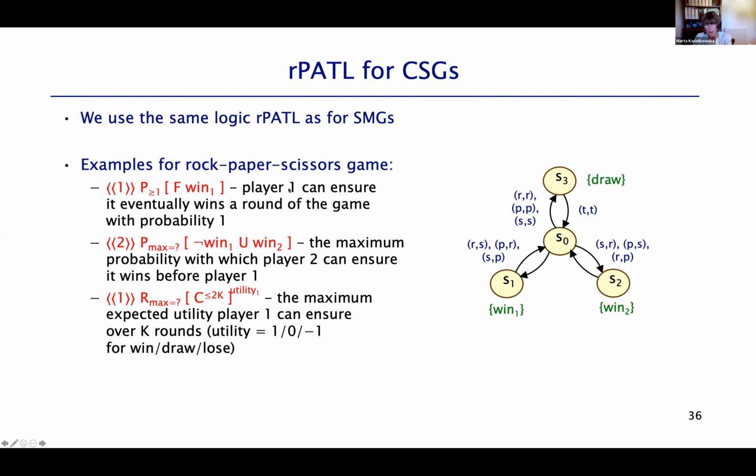And therefore, for the rock, paper, scissors game, I can talk about player one can ensure it eventually wins a round of the game with probability 1. Or, okay, the maximum probability with which player 2 can ensure it wins before player 1. So imagine that I label not win 1 and win 1. That's the obvious atomic proposition labeling.